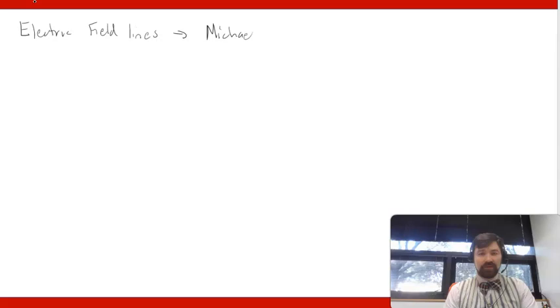So there's basically a set of rules for drawing these field lines and also for what they do. Again, the electric field lines idea was developed by Michael Faraday, who we will, of course, encounter again in this course.